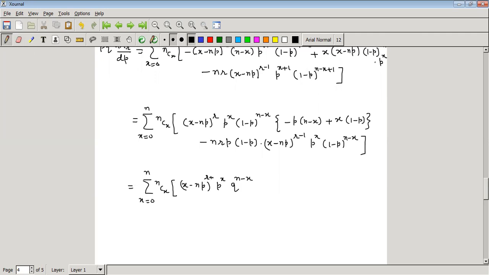This is r plus 1. And minus, we can write nrp, 1 minus p is q. So it is (x minus np) to power r minus 1, p to power x, and again q to power n minus x.